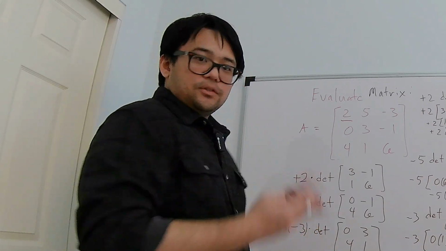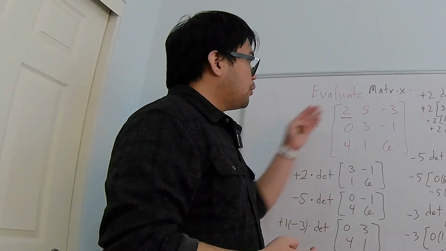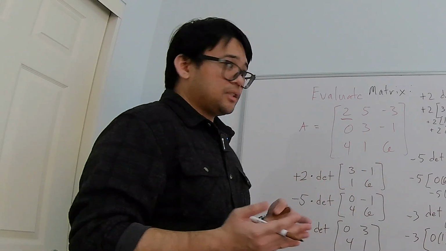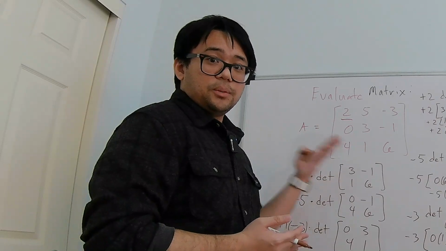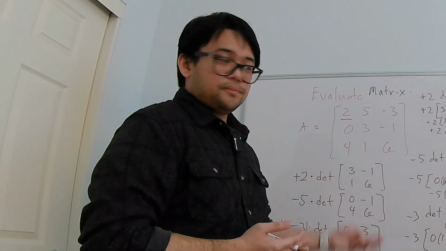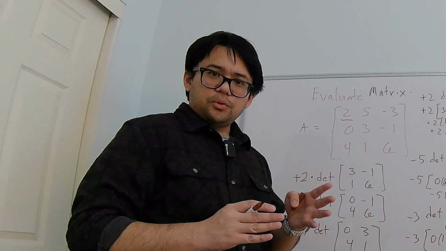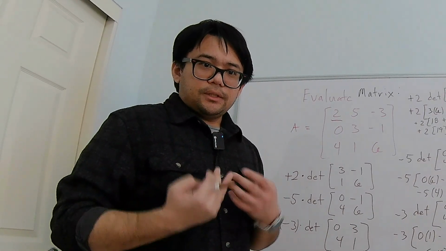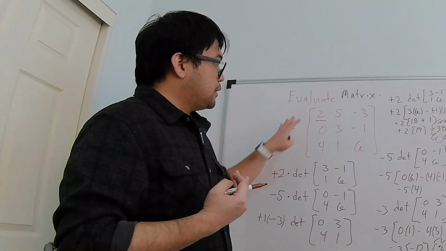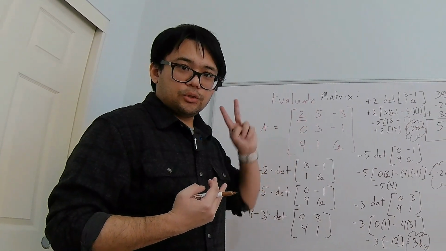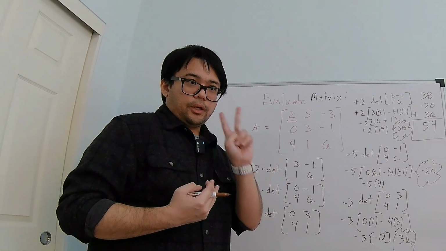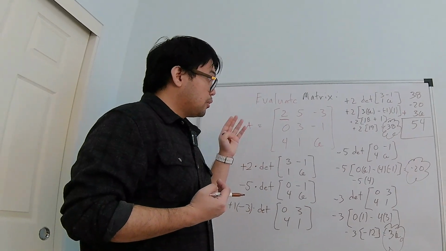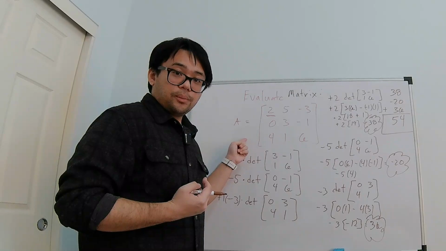Now, in the next video, we're going to look at the other row and then the next row. And then I'll show you that it's pretty much the same thing. It's going to be 54. But I just want to show you so that you have the confidence that you can take the determinant by just thinking of this 3 by 3 in 2 ways. Two key facts to be able to take this determinant of a 3 by 3 matrix.